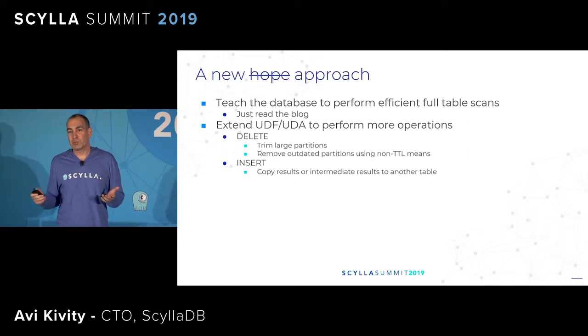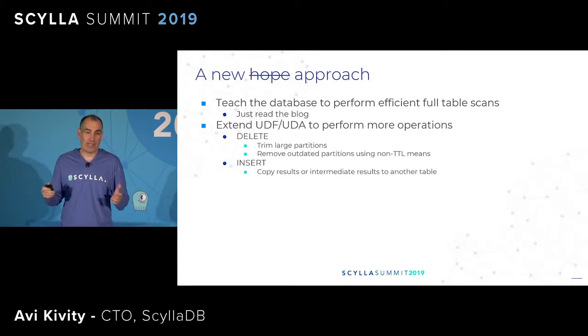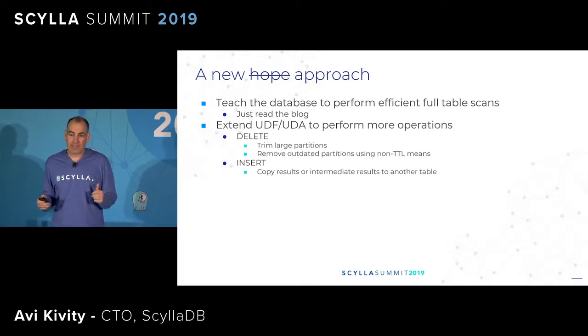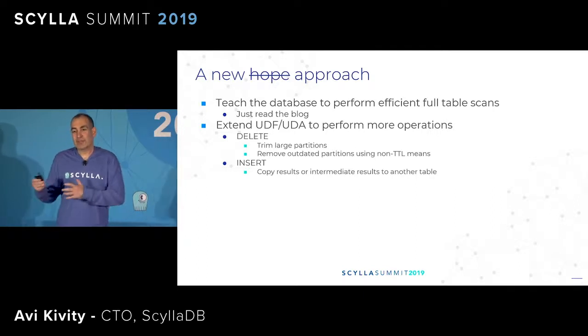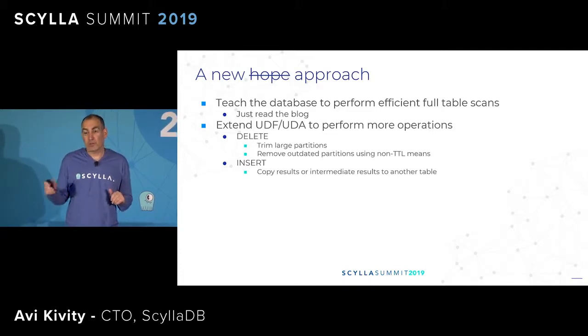But of course, when you do the full table scan yourself, you have your own customized code that does what you want, and the database doesn't have that. So this is where UDF and UDA come in. It allows you to customize the scans that the database will perform. So instead of replicating that full scan code in your custom code, we code that just once and within the database and push that custom code into the database.